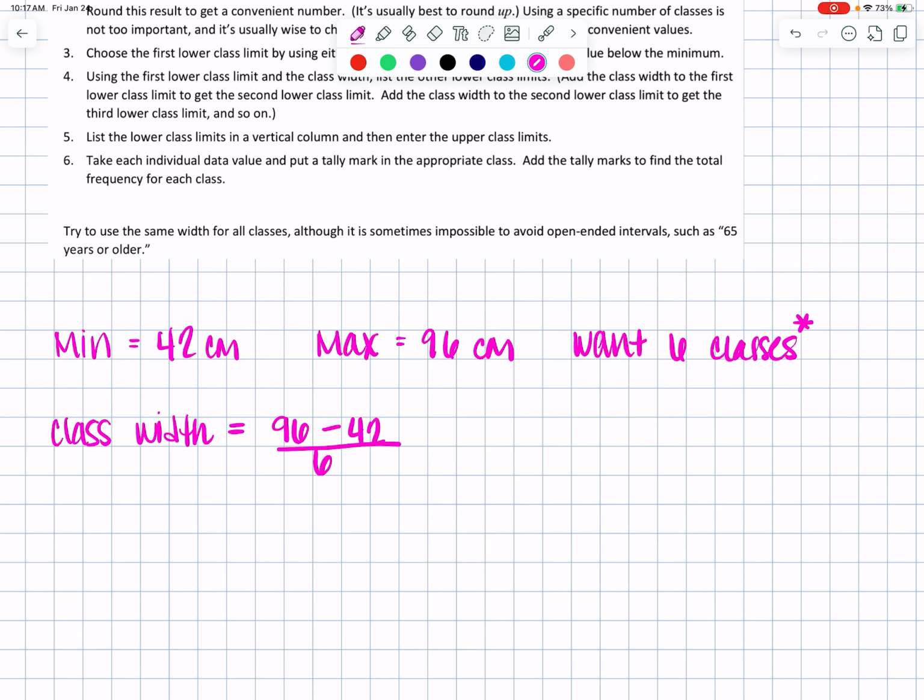Now, because I love you and I am terrible with arithmetic, I am going to double check that I did my arithmetic correctly earlier. This is 54.